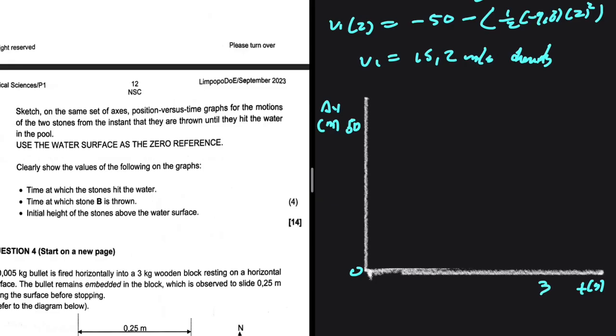But stone B is projected 1 second after stone A was projected. So the position time graph for stone A would look something like this. This is stone A. And then on the other hand, stone B will look something like this. There we go. So this is stone A and this is stone B.